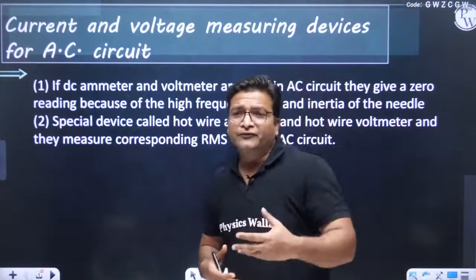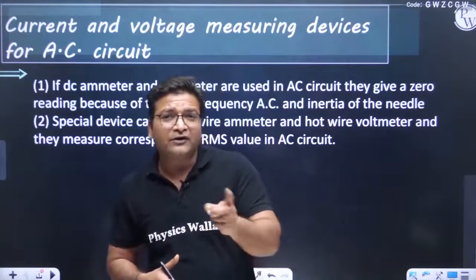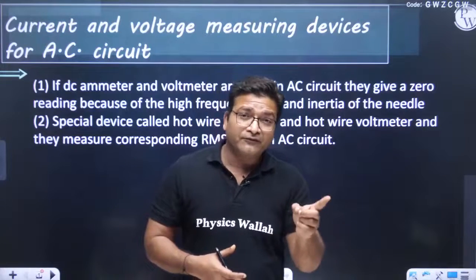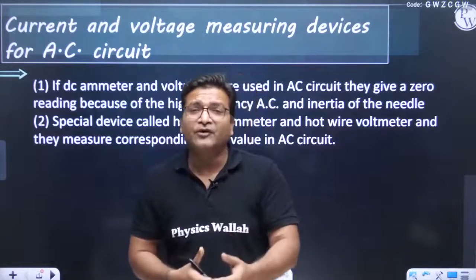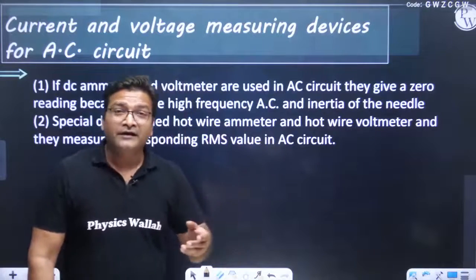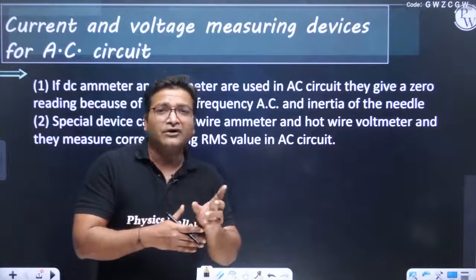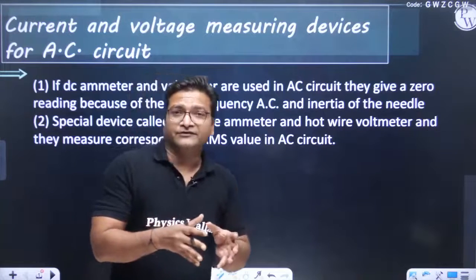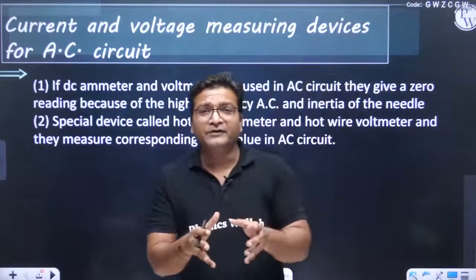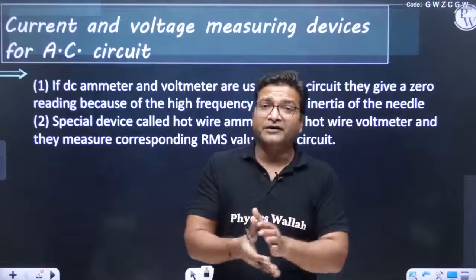And if you think the pointer of the galvanometer, voltmeter or ammeter should vibrate from plus to minus value, that is not possible because the frequency of the signal is too high, and because of the inertia of the moving parts, they do not respond to high frequency alternating currents.